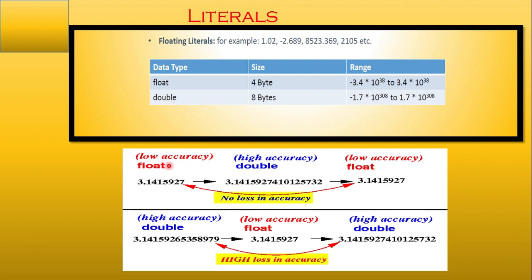What do you mean by this is, when you consider, if you write 3, see this is the value of pi. If you are writing in float data type, this will be the answer stored. Okay, and if you write the same thing in double, this will be the answer stored. See the accuracy level? Can you see the accuracy level?